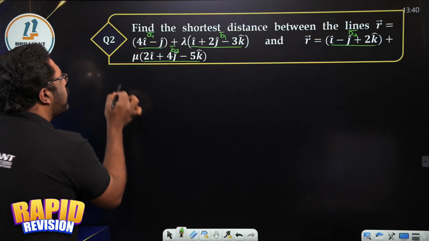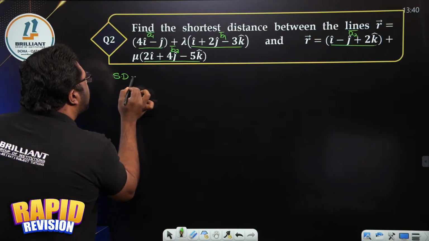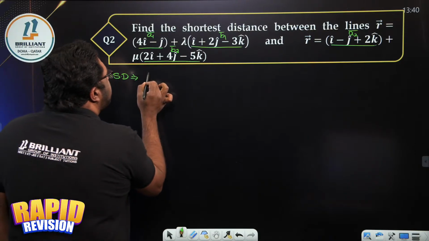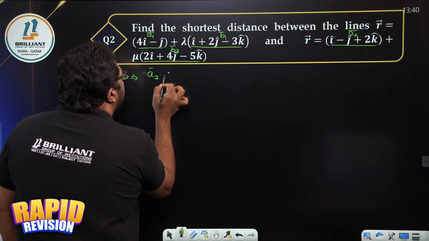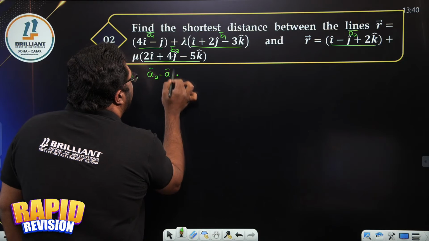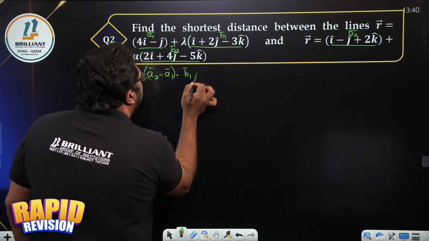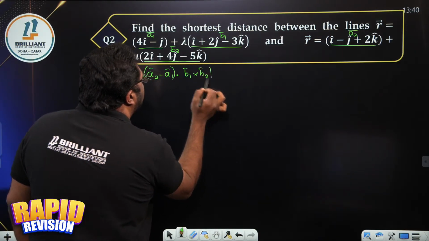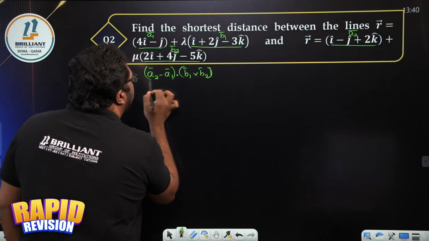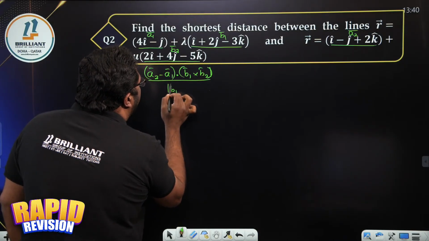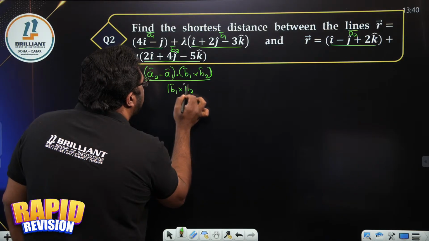The formula for shortest distance, I am writing both the formulas. Shortest distance is equal to (A2 minus A1) dot (B1 cross B2) divided by the magnitude of B1 cross B2.